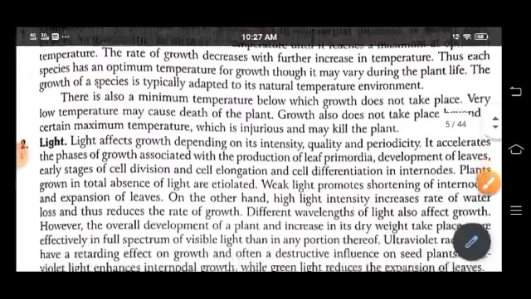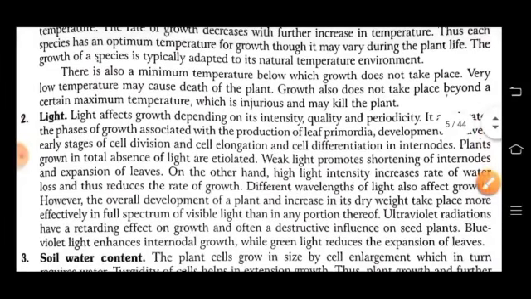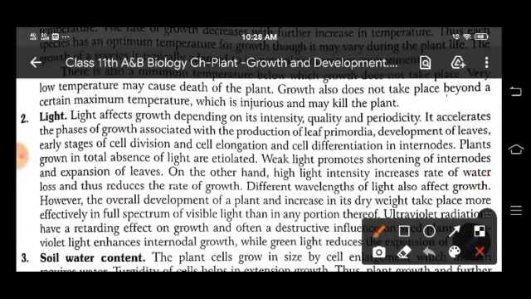Light. It also affects growth depending on its intensity, quality and periodicity. It accelerates the phases of growth which are associated with the production of leaf primordia, development of leaves, early stages of cell division and cell elongation and cell differentiation in internodes.